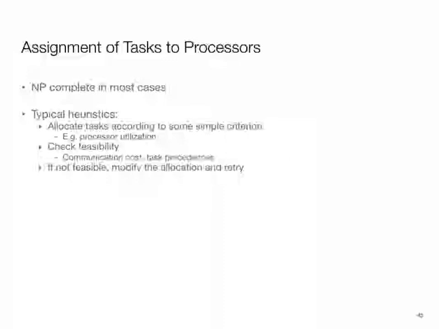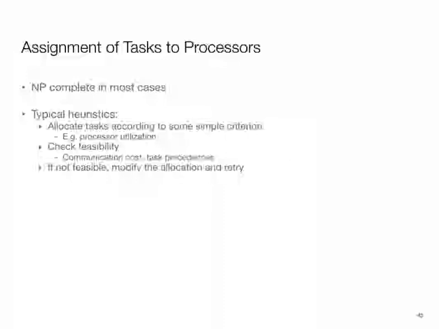So by the time you hit this level of problems, essentially we are in the world of heuristics, and there are gazillion different ones. For allocation, as I was saying, a very common class of heuristics is based upon processor utilization, which is, I have a set of tasks and I start maybe with, let's say, the biggest, put it on one processor, take the next one, put it on another processor.